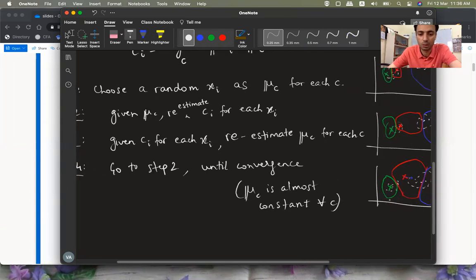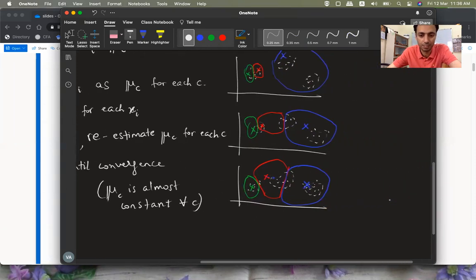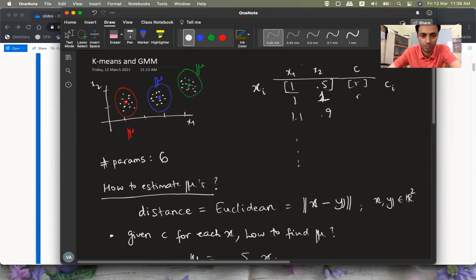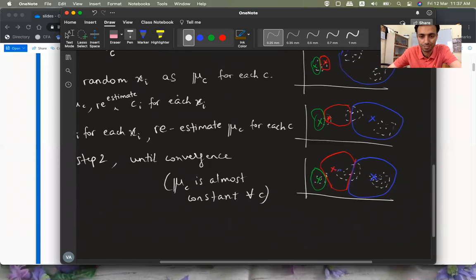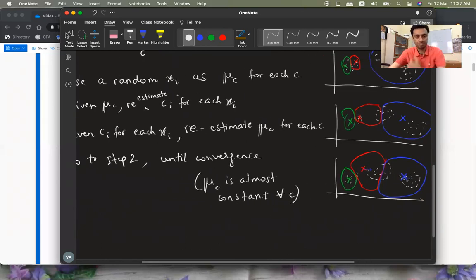Then you can say it has converged, right? And you will ultimately find that you achieve this kind of state, green, red, and blue. Is this clear? K-means clustering.